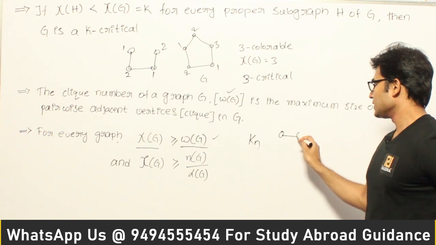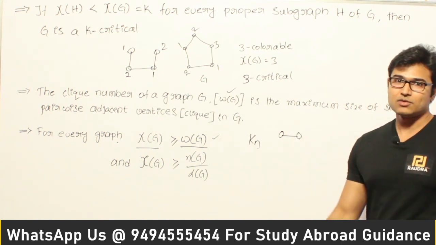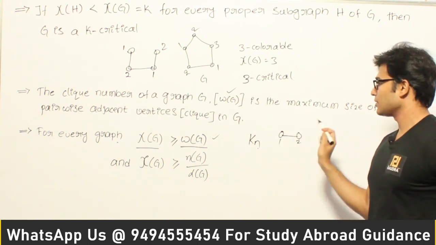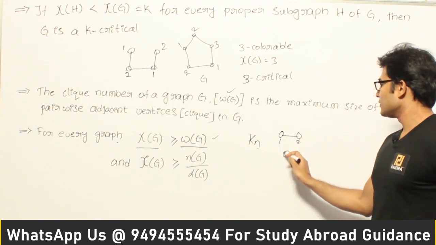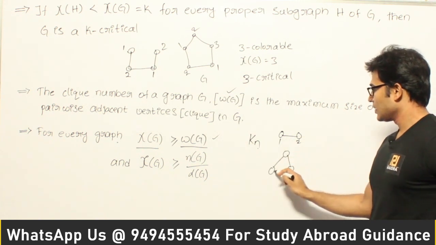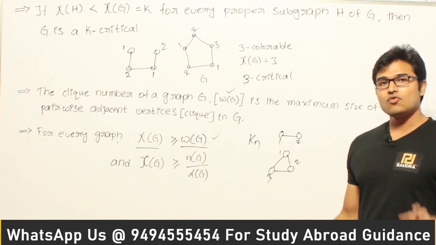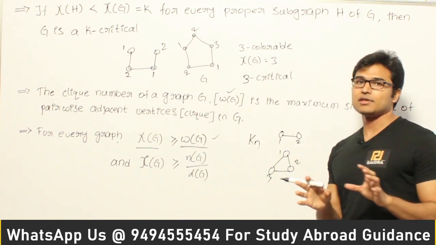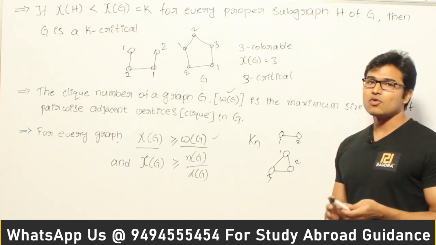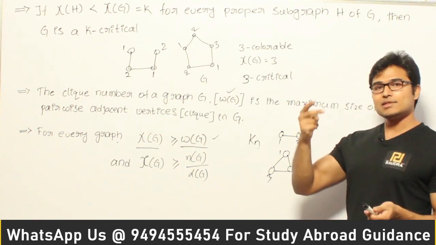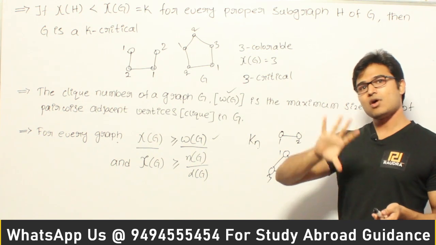In K2, two vertices are adjacent to each other, therefore color one with 1 and the other with 2. In K3, 3 vertices are adjacent to each other, therefore you should use 3 different colors, right? In K4, all 4 vertices are adjacent to each other, therefore you cannot use the same color 2 times, you have to use all different colors.